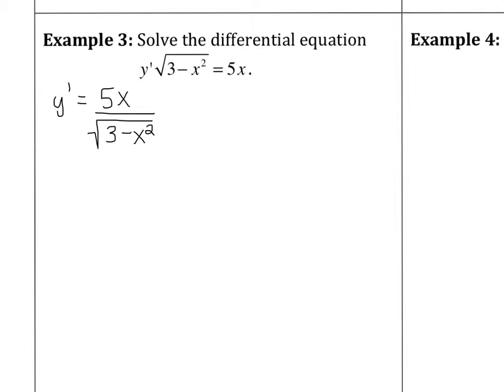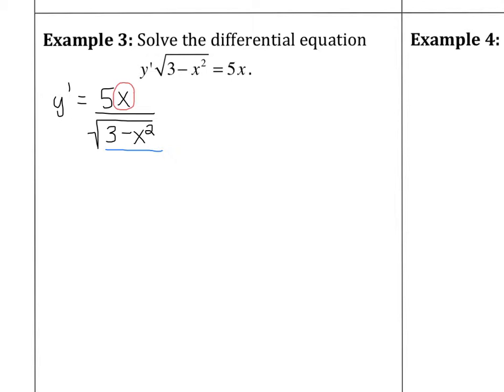Because notice I see a function in here, this 3 minus x squared, and something to the tune of its derivative up here. At least x is of the right order to be the derivative of x squared. So we'll go with that.